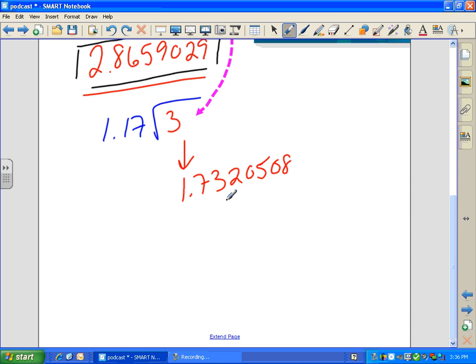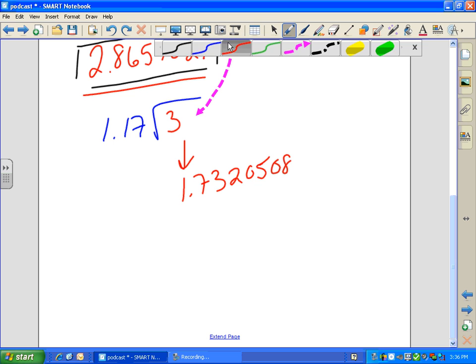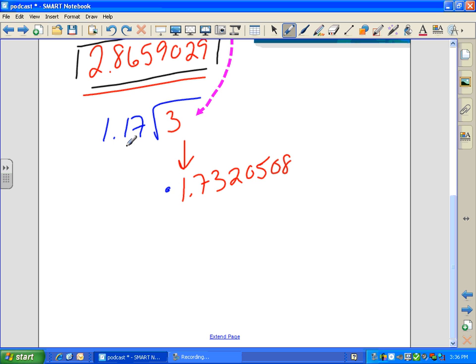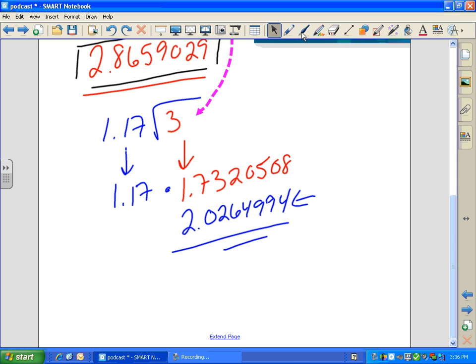Irrational number. Times 1.17. That gives you an answer of 2.0264994. Irrational number.